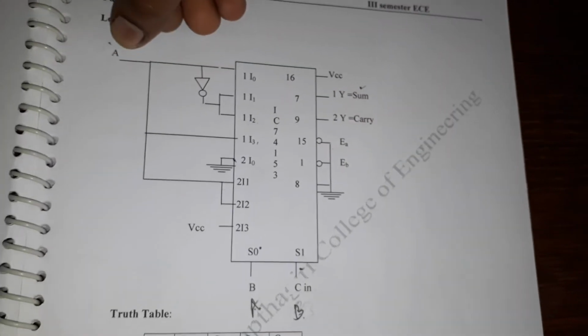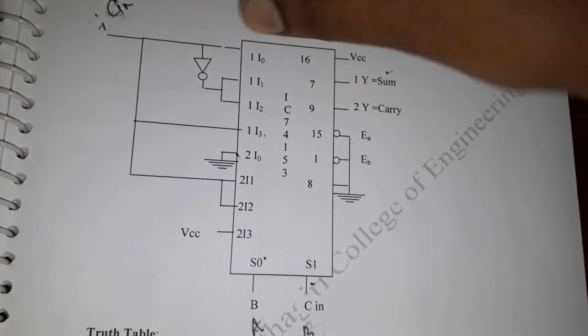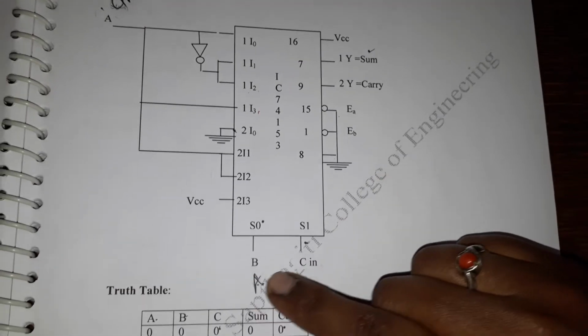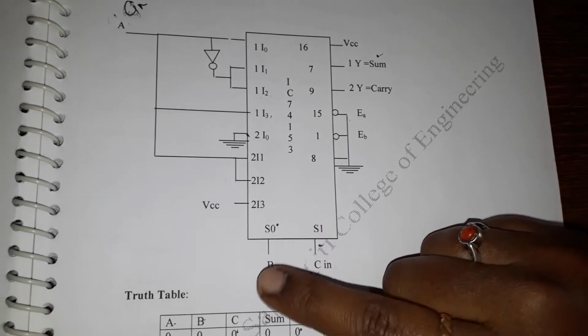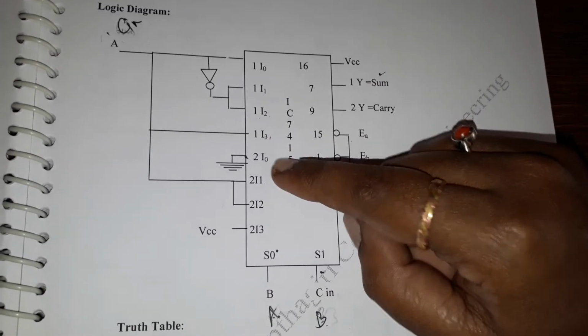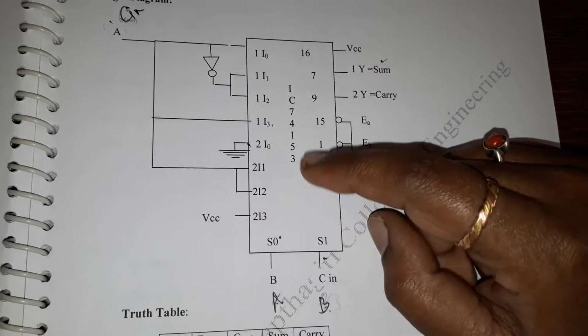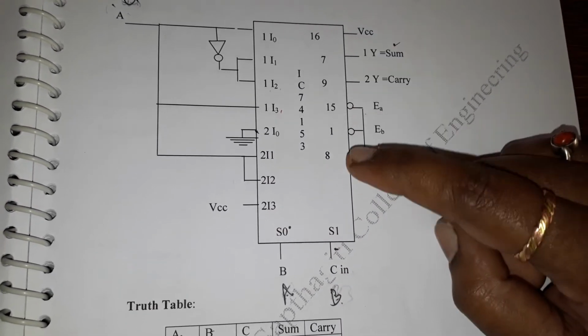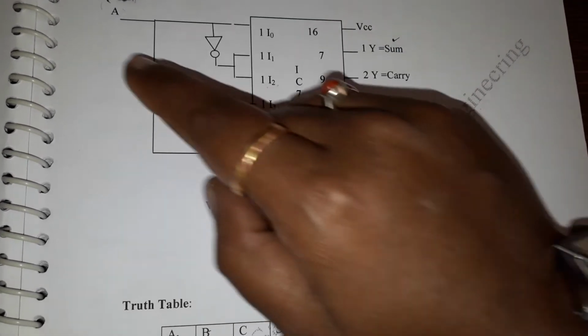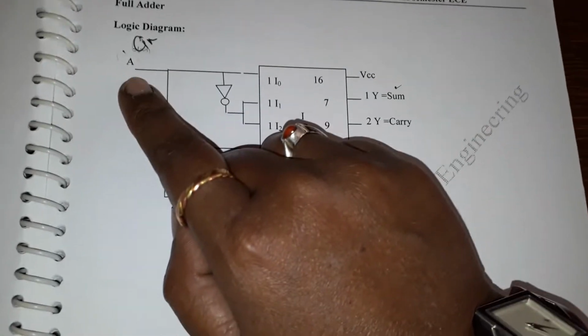Here only a single input we are taking, and B and C are the two select lines we are using. Here all the inputs 1I0 to 1I3 and 2I0 to 2I3 will be used for the full adder. Fine. Other connections VCC and ground should be there.